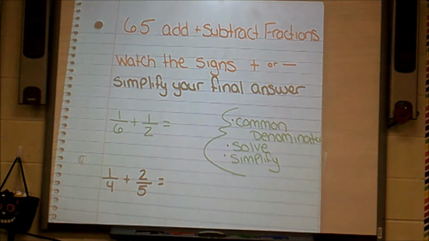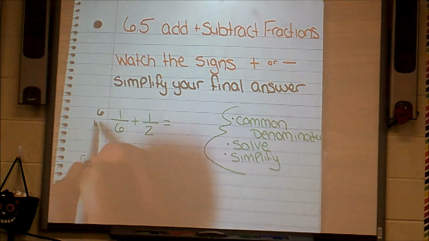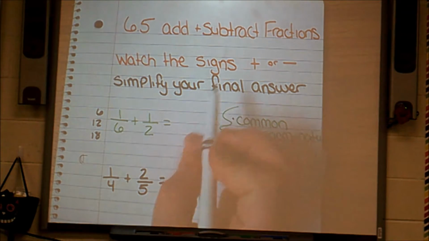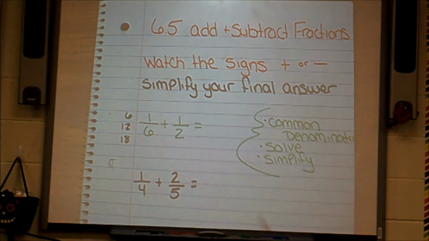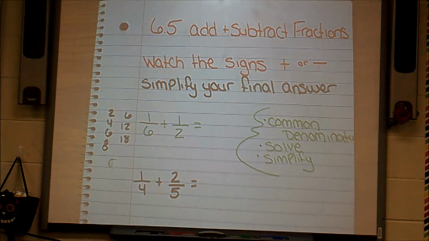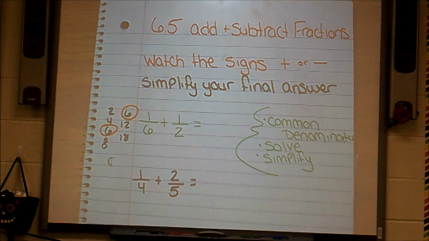I'm going to count by 6s and I'm going to count by 2s, and I'm going to see what the first number is they have in common. So when I do that, I see that my common denominator is 6.